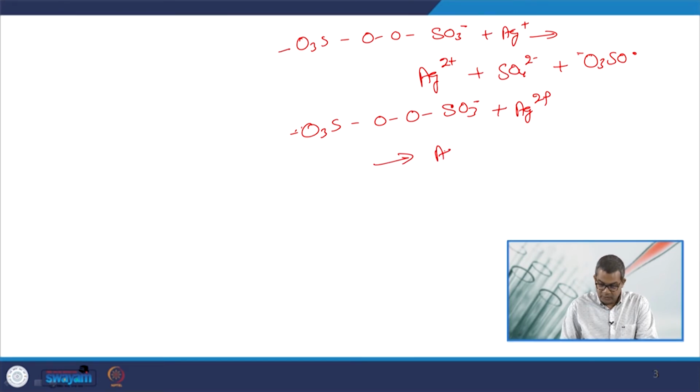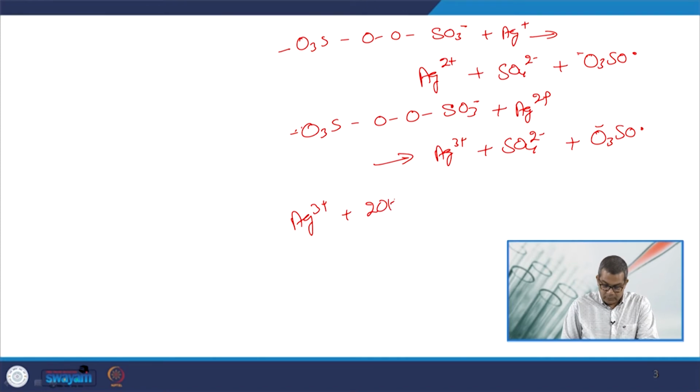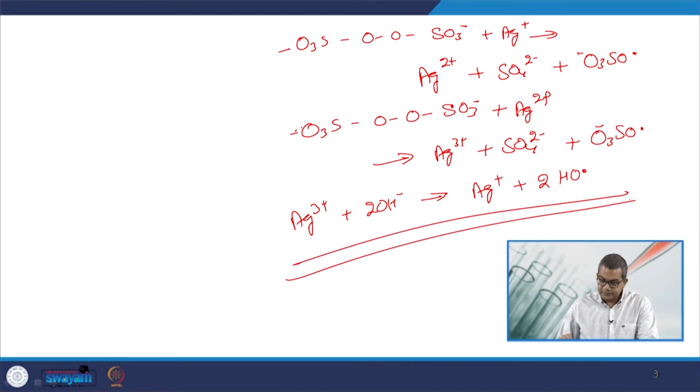Now, this gives you Ag3+ SO4 2- plus O3SO radical. Now, at last you may get Ag3+ twice OH ion. This may give you Ag+ 2 HO ion. Now, this again produces the radical, which is again a very important thing to be addressed.